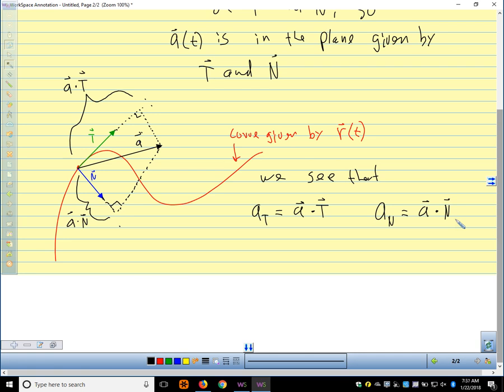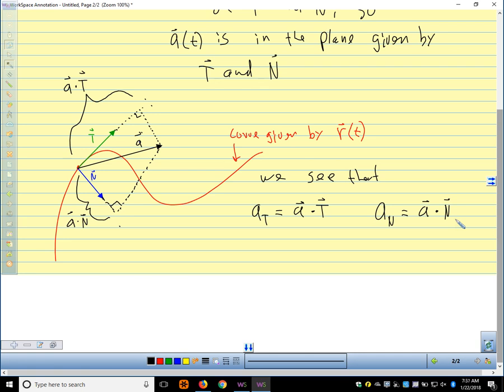Now we saw that calculating the principal unit normal vector can be very difficult, and we usually want these quantities a sub t and a sub n represented in terms of our position, velocity, and acceleration. So we don't necessarily want to have to calculate the unit tangent vector and the principal unit normal vector to find a sub t and a sub n.